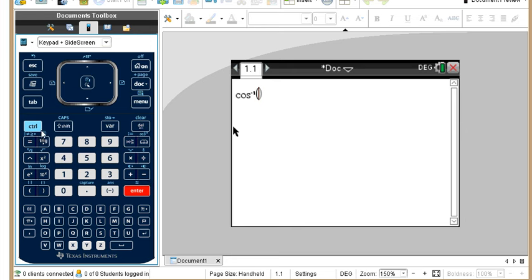So we get our fraction. We have 7.6 squared minus 3.2 squared minus 6.4 squared, and all over negative 2 times 3.2 times 6.4.